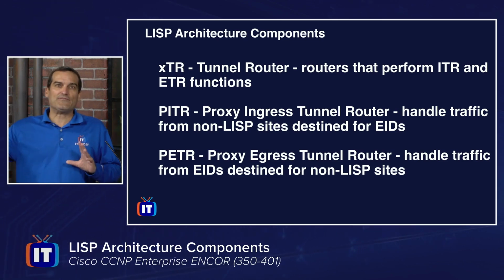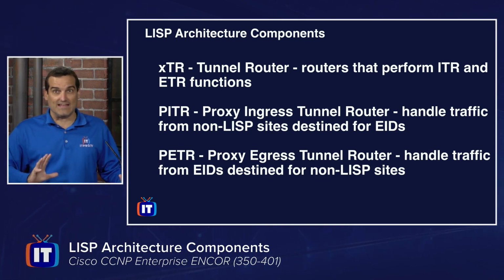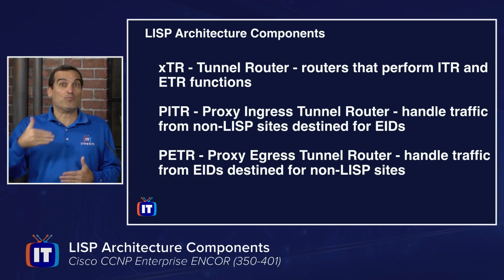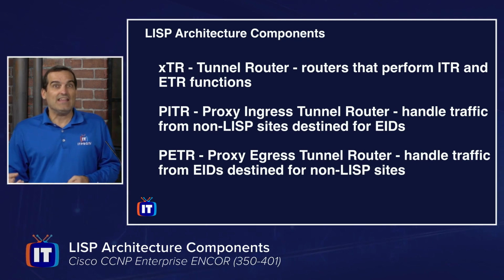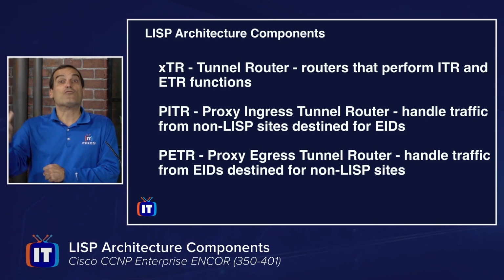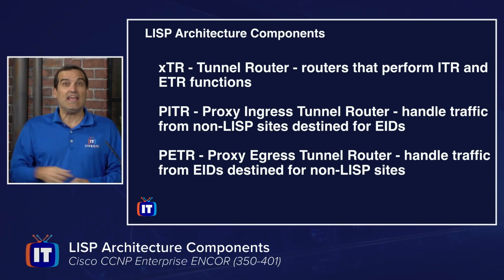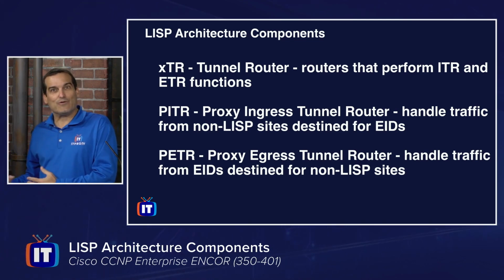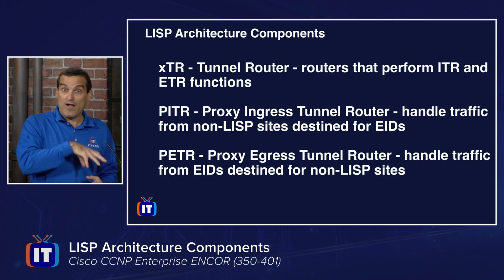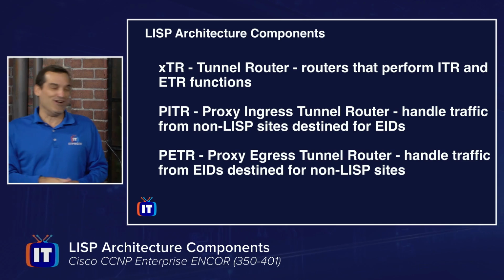So when we have to interact with sites that don't understand LISP, we have a proxy ingress tunnel router. That's for dealing with traffic that's coming into this environment from a non-LISP site that wants to get to one of our EIDs. And then a proxy egress router is coming from our happy LISP land going to non-LISP sites.